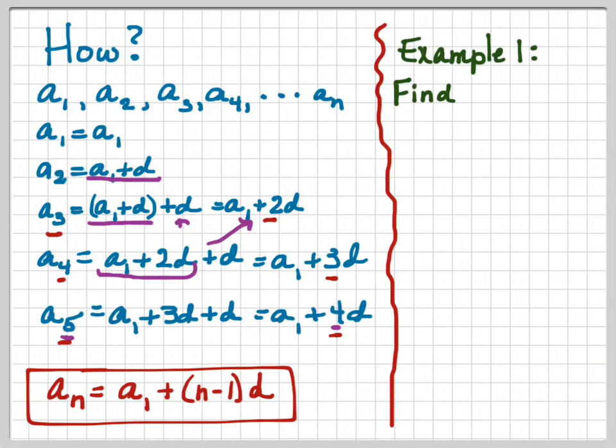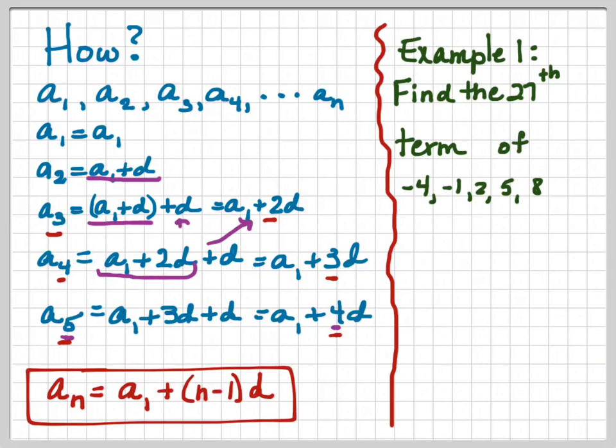All right, let's get an example here. Find the 27th term of negative 4, negative 1, 2, 5, 8. You can go ahead and continue your sequence out until you get the 27th term, but that would take a lot of time and you'd probably make a mistake in adding somewhere along the line, or you could use your formula.